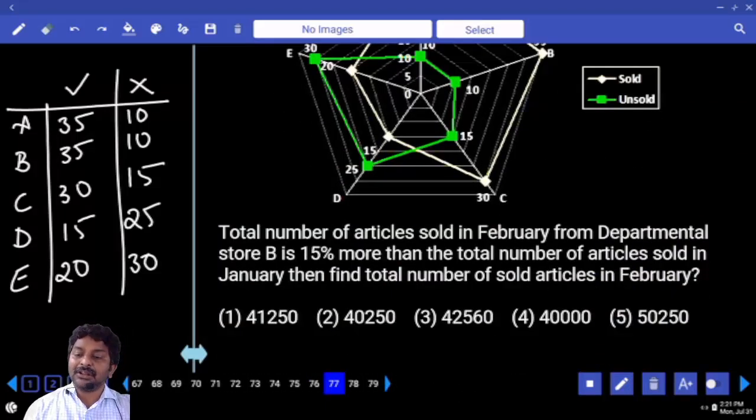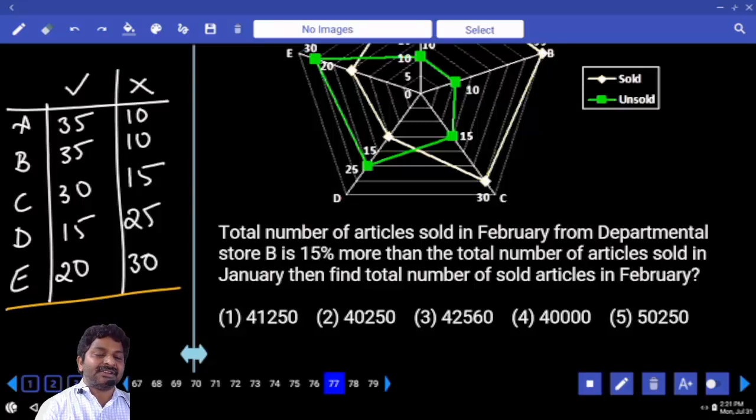If the total number of articles sold in February from departmental store B is 15% more than the total number of articles sold in January, then find the total number of sold articles in February. Given data is for Jan only, so the question is based on sold items only. Department B we have 35,000, correct?